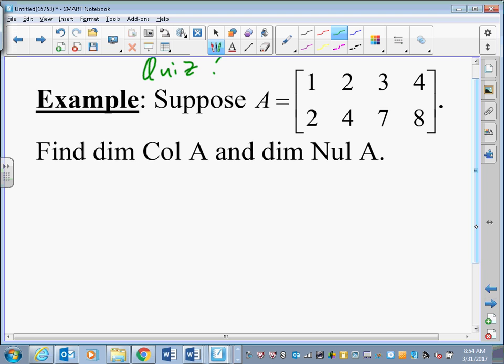And how do we do that? How do we find the column of A and the null of A?